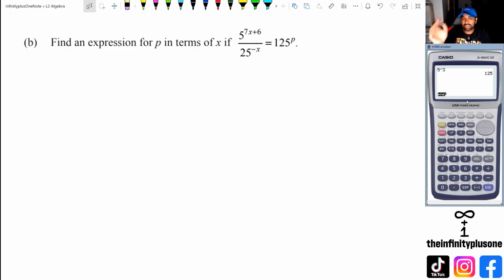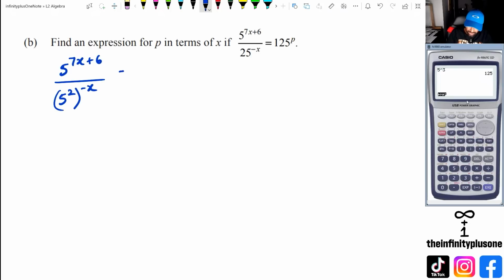So I'm going to write this entire thing in base 5. That means I'm going to have 5 to the power of 7x plus 6 divided by 5 squared to the power of negative x equals 5 to the power of 3 to the power of p.